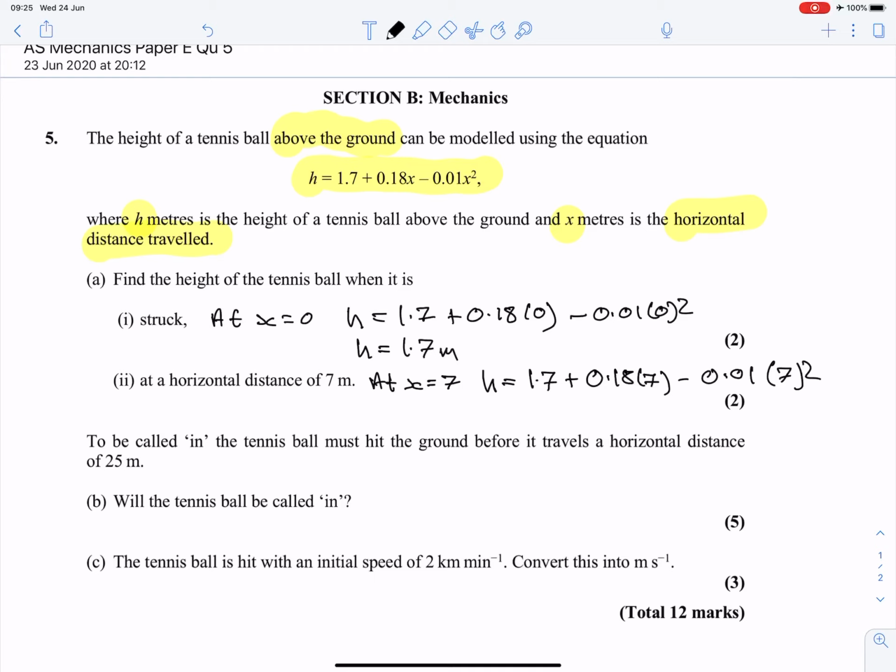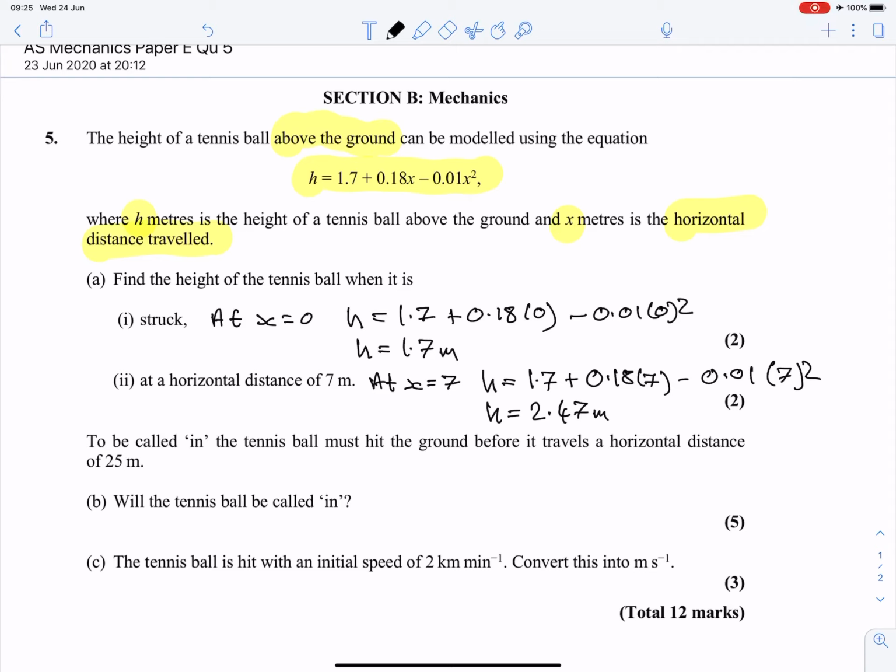You tap that in the calculator and h comes out to be 2.47 meters. It seems sensible to give it to 2 dp because that's to the nearest centimetre.